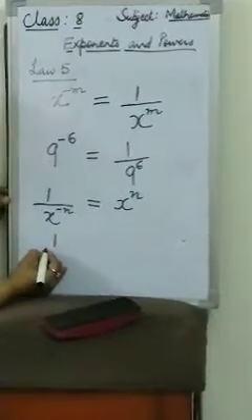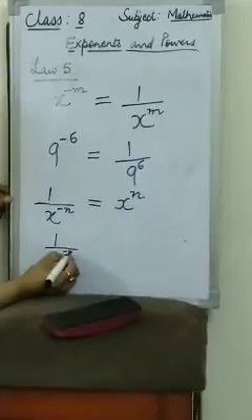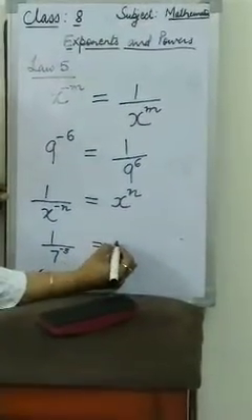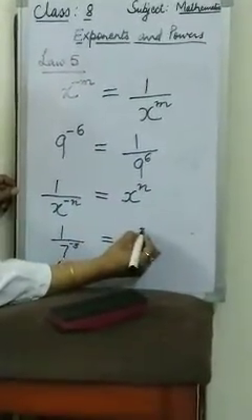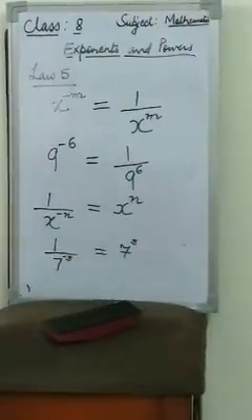We take an example of it: 1 by 7 to the power minus 3. We want to convert it into a positive index, so the reciprocal of 1 by 7 is 7, and the negative index is converted to positive, that is 7 to the power 3.